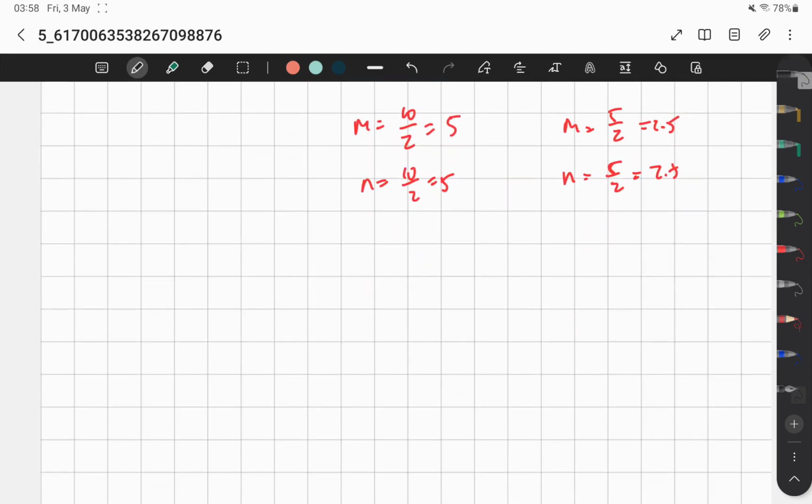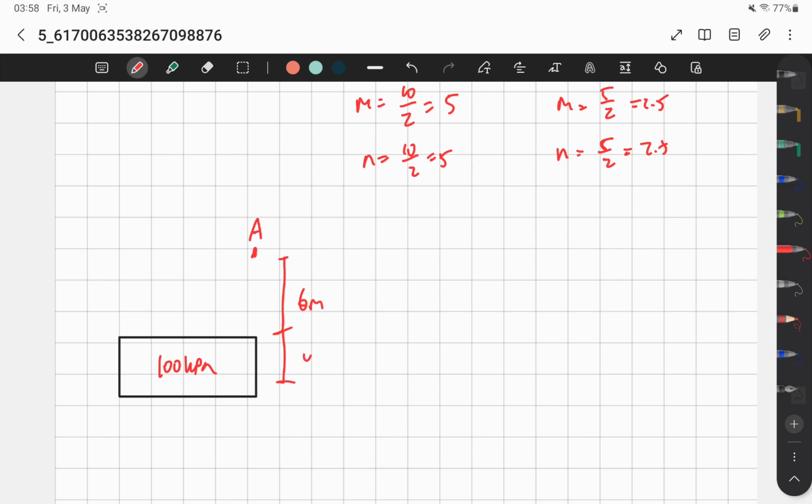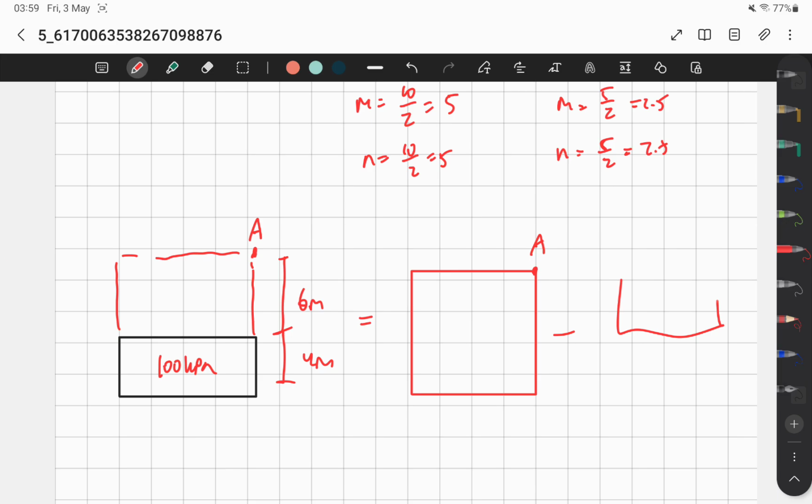Another example is a rectangle like this, with 100 kilopascals. A is located somewhere here. This one is 6 meters, this one is 4 meters. Again, this is equal to your big rectangle, this whole thing, minus your top area, which is like this.